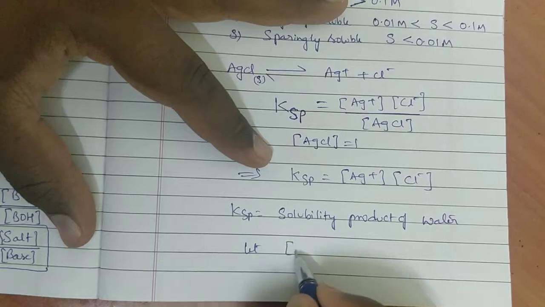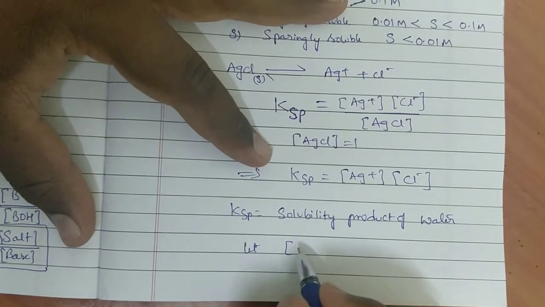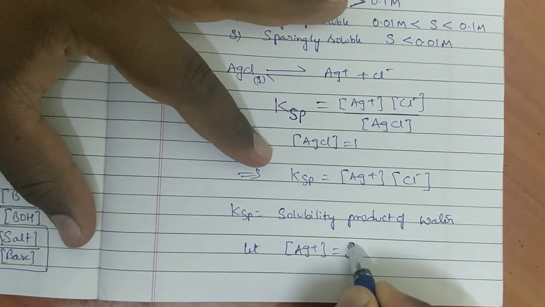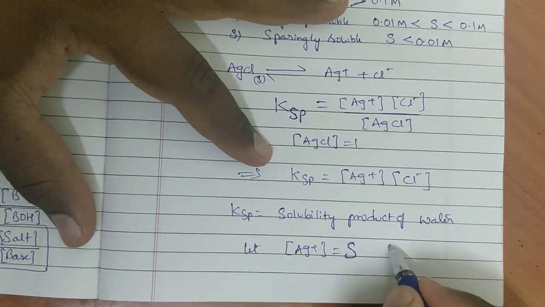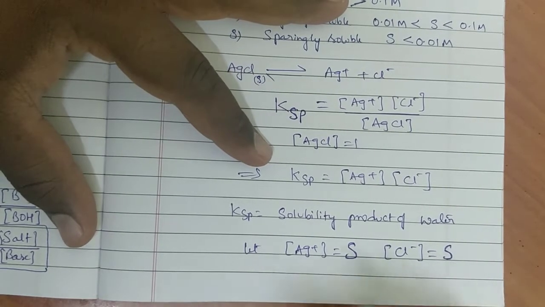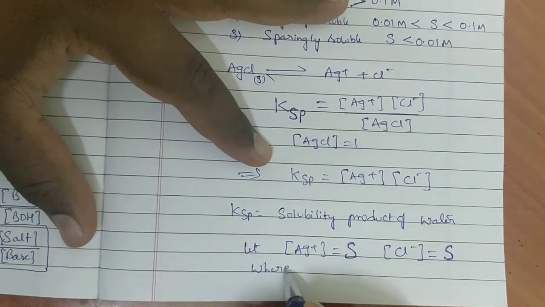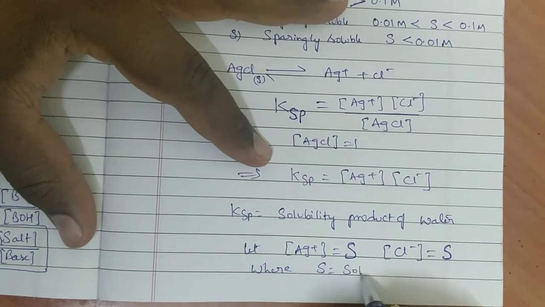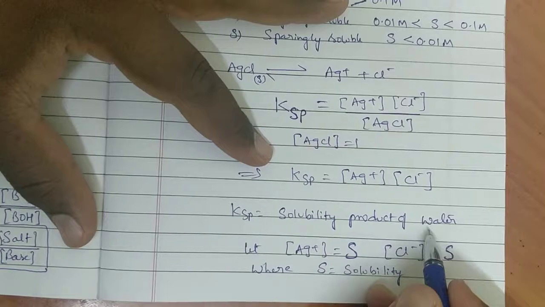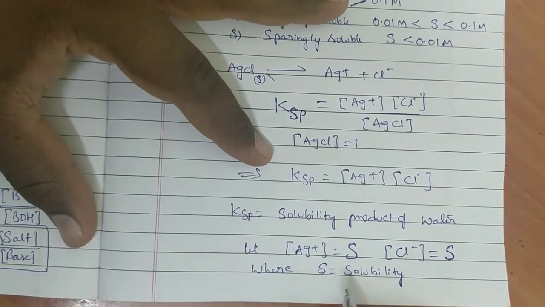Let the solubility of Ag plus be S, and the solubility of Cl minus is also S, where S is the solubility. KSP is the solubility product, S is the solubility.